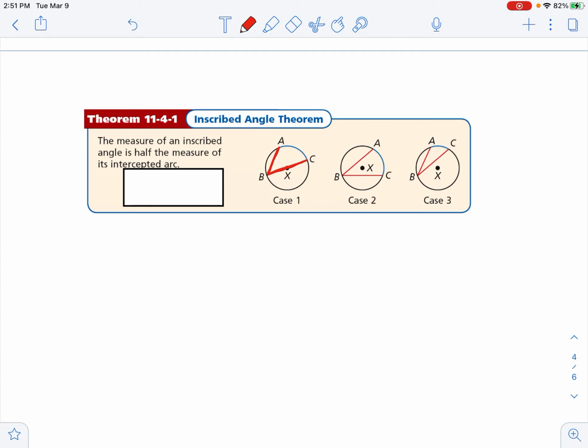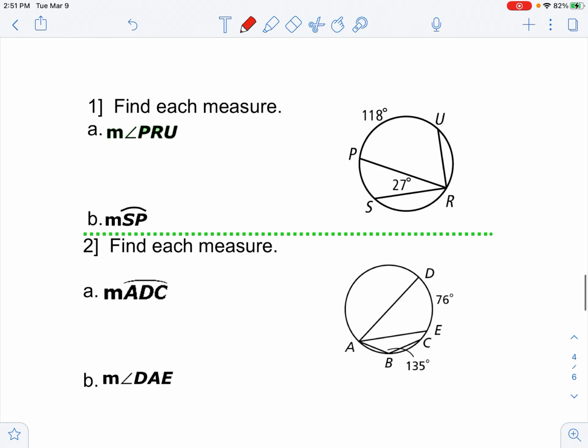If I'm looking at this angle right here, angle ABC, the measure of angle ABC is equal to half the measure of the arc. The intercepted arc is AC here. So half the measure of AC.